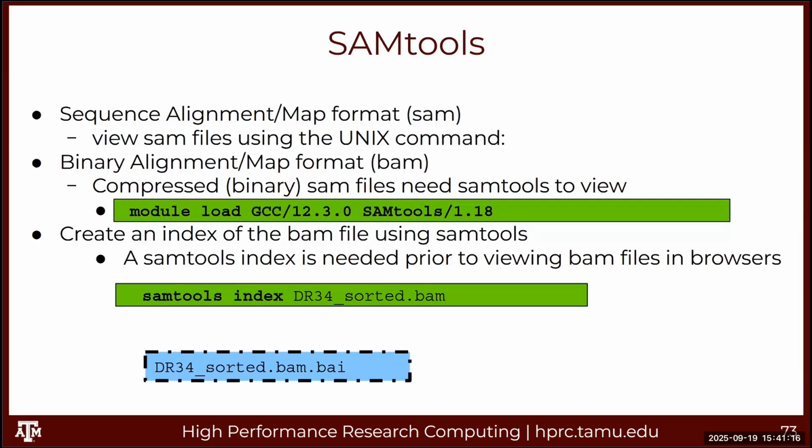Now you can do module one. Type in samtools, samtools, enter. It knows which version. Now do samtools index dr34_student. It's lowercase. The name of the module is uppercase, but when you run the command, it's lowercase.